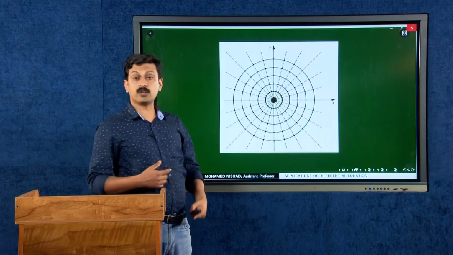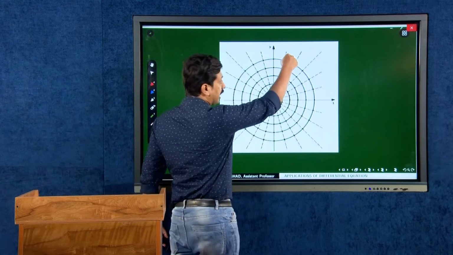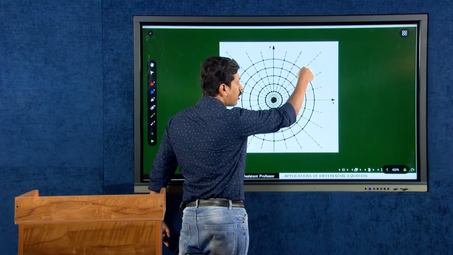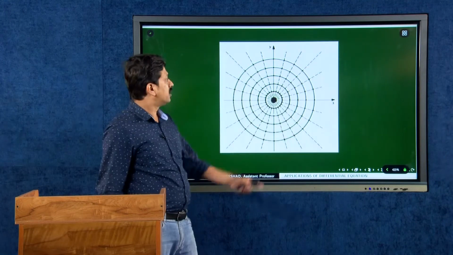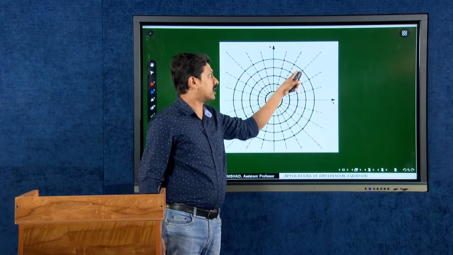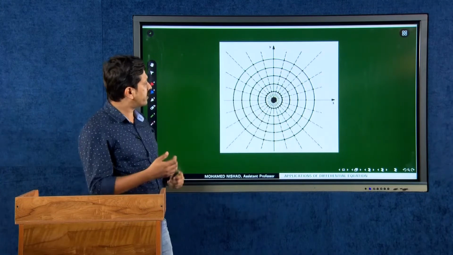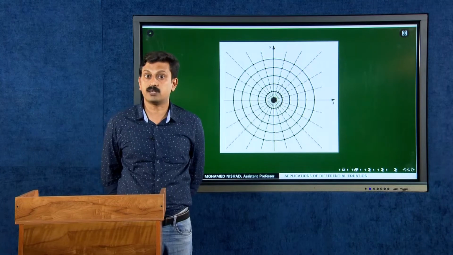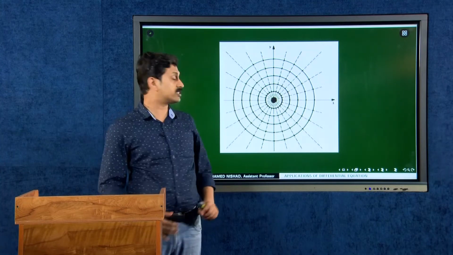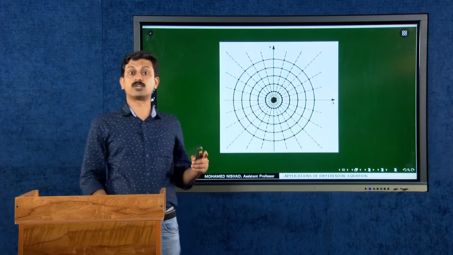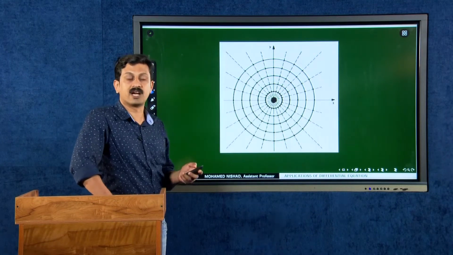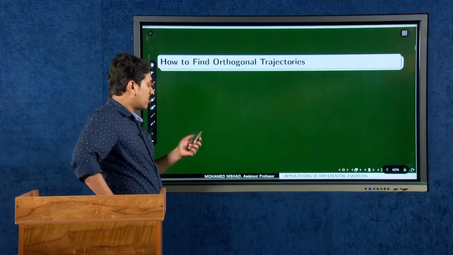You can draw a tangent line to the circle at this point, and it is perpendicular to the line y is equal to kx. So, the orthogonal trajectories of the circles centered at the origin with radius root c are the set of all straight lines passing through the origin.